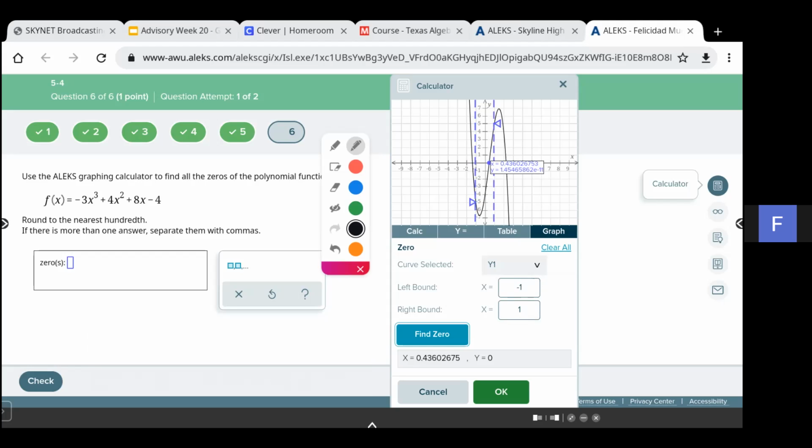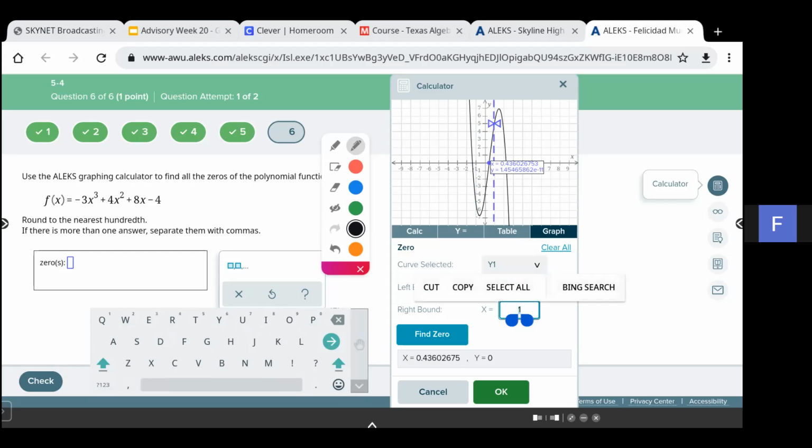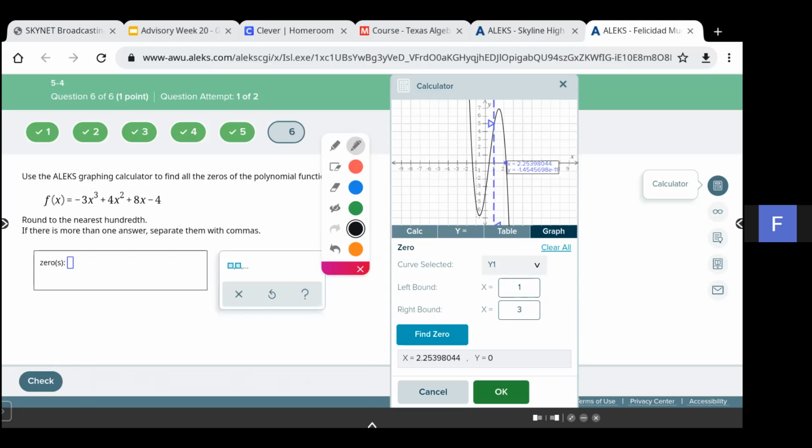And then for our last one, we're going to make this a +1 and have this right bound be, I'm just going to go with 1, 2, we're going to just put a 3 in. Hit find 0. And we do get it, and it's at 2.25 by rounding.